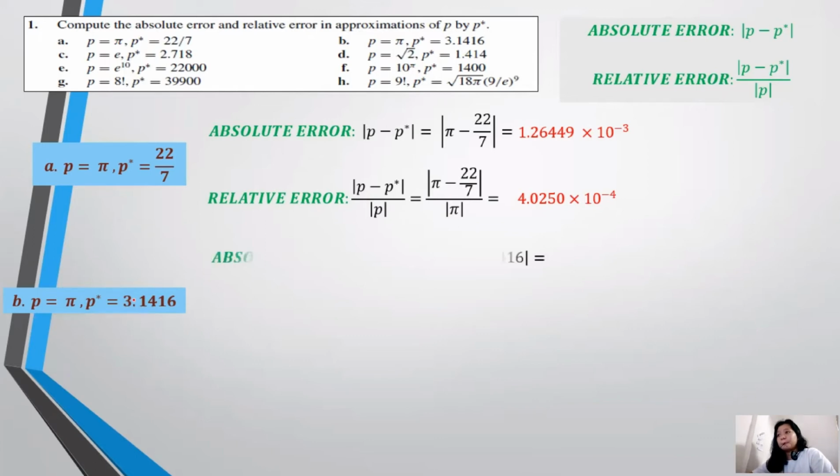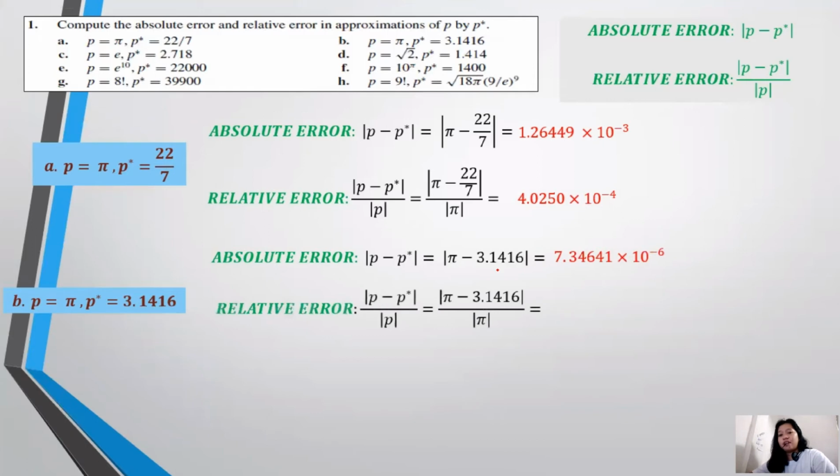As what we have done in letter A, we will be using the formula for absolute error. The absolute value of p minus p* is equal to, substituting the values, pi minus 3.1416. So we will get the answer of 7.34641 times 10 to the power of negative 6.